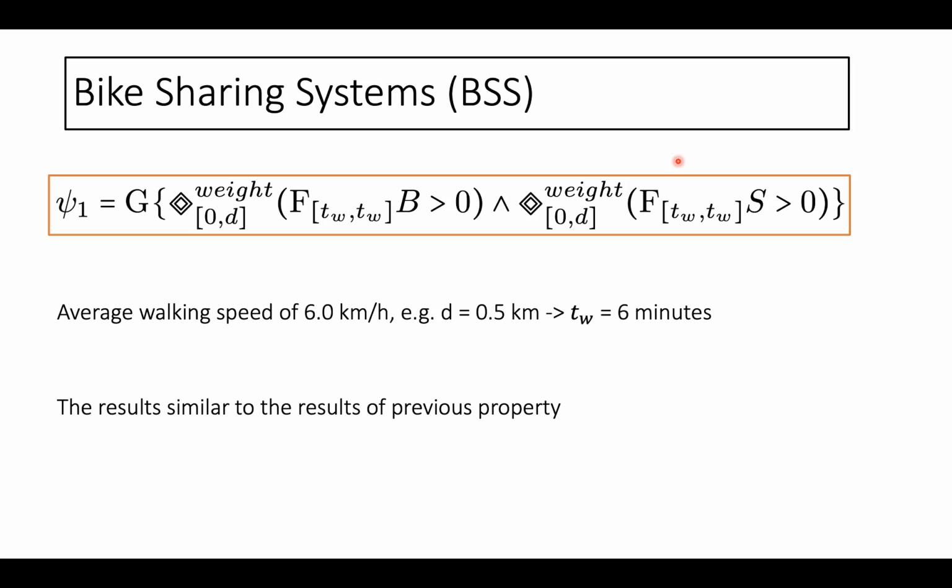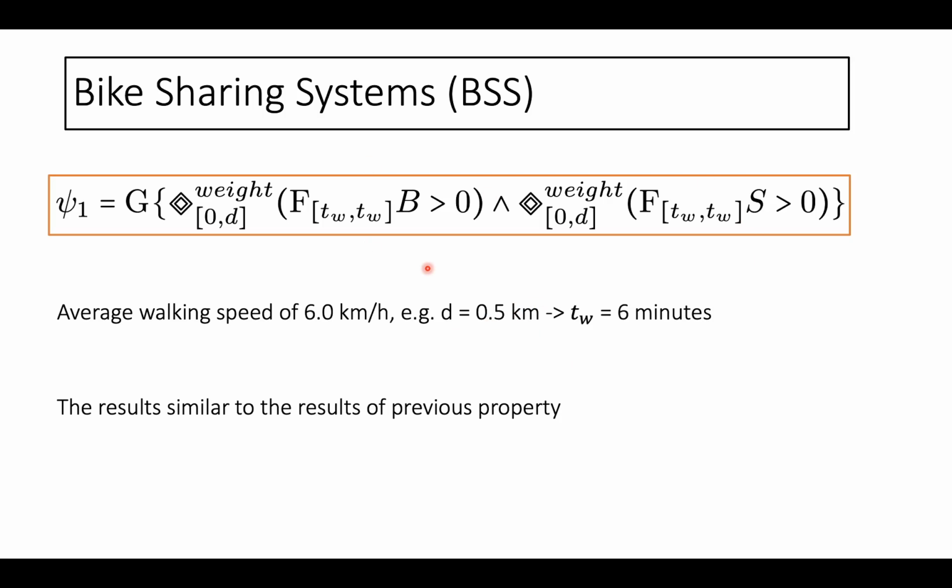As a last property of this example, we are adding something to the previous property. The previous property was just considering a spatial property that should always be true, but that means that a certain user could know that at the time when the property was checked, there was some station with a free bike and a free slot.